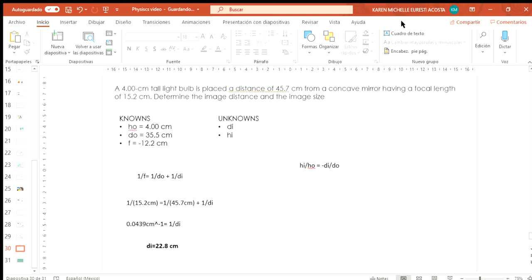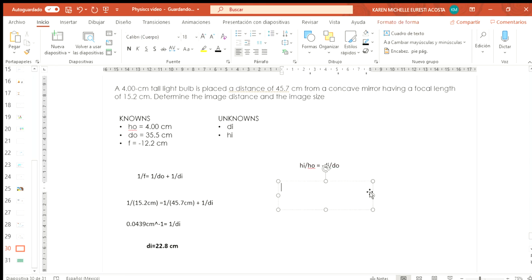So we replace the values. 4 centimeters equals minus 22.8 centimeters over 45.7 centimeters.